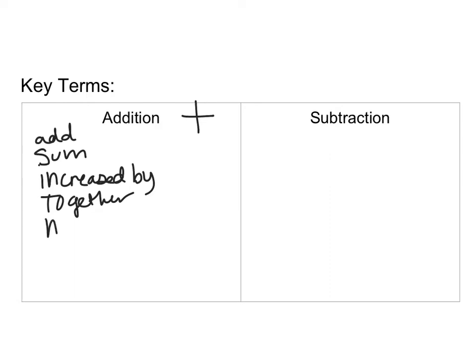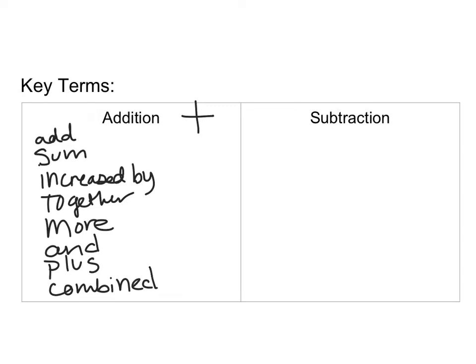You might see more, or the word and. You might see plus or combined. Now, just because you see those words doesn't mean it's guaranteed that you should be doing addition, but it's a pretty good sign.